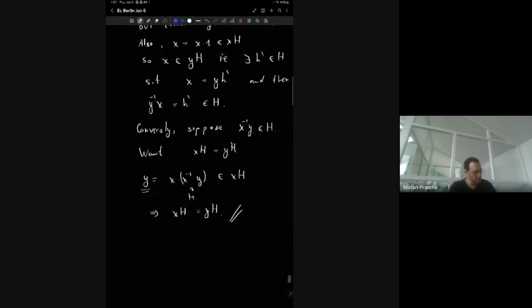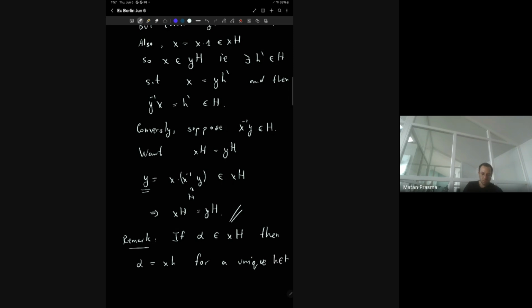And just as a remark, if alpha belongs to the coset xH, then alpha is equal to xh for some h, but I claim that there is a unique h in H. So you can express alpha uniquely as a product of x with an element in H. But that means the coset is not in the case we were talking about.